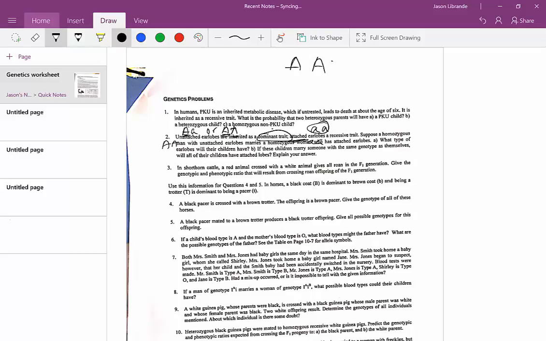The man is homozygous dominant. The female is homozygous recessive. Really there's only one possibility here. They're all going to be heterozygous, at least their children will be. Since we have 1 uppercase A allele, all their children are going to have unattached earlobes.